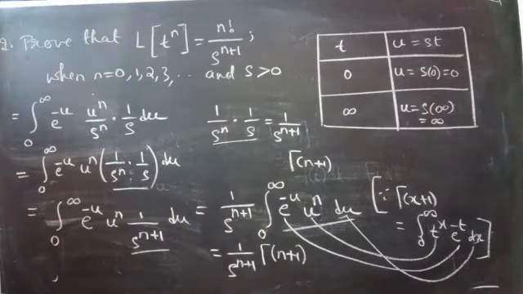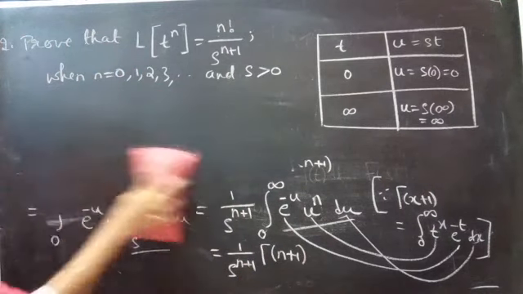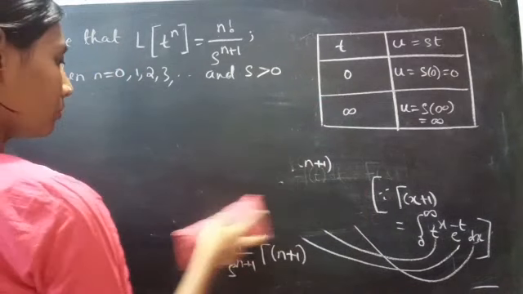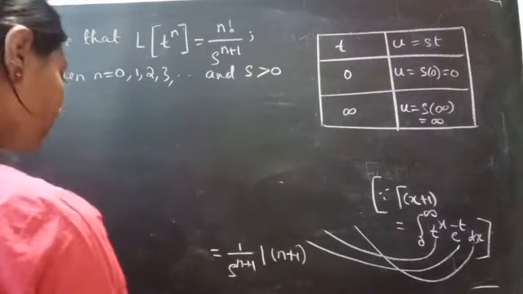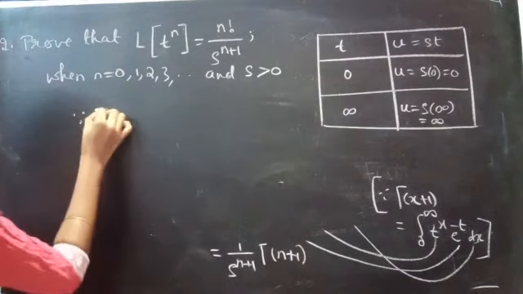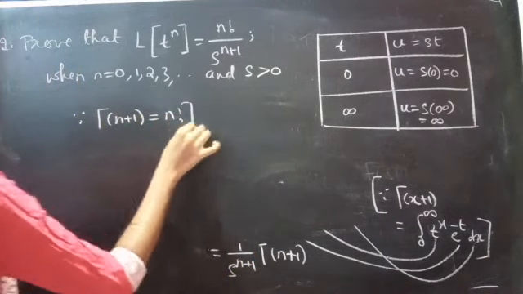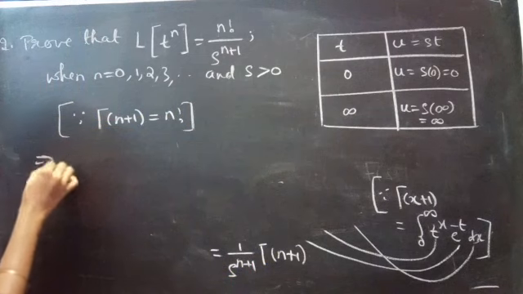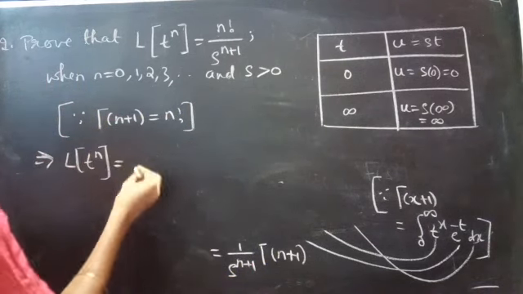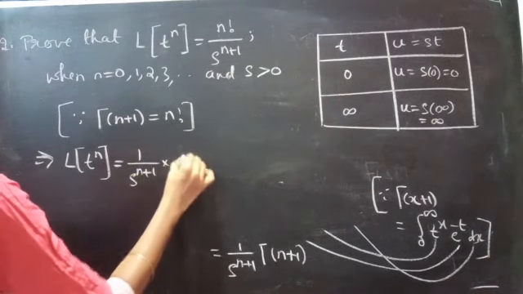Okay. Also we know that since gamma n plus 1 is equals to n factorial, this implies L of t power n equals 1 by s power n plus 1 into n factorial.